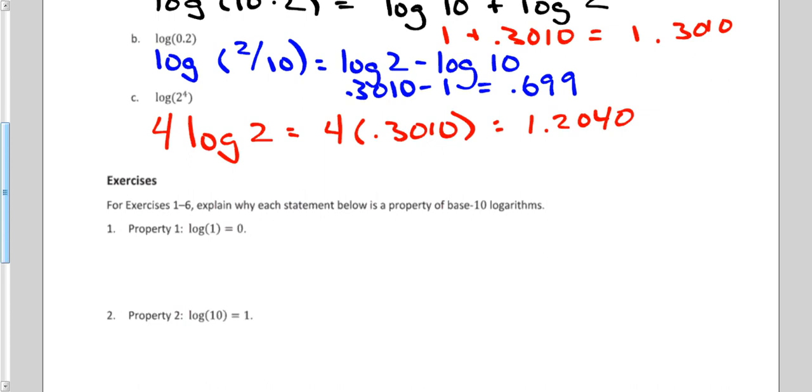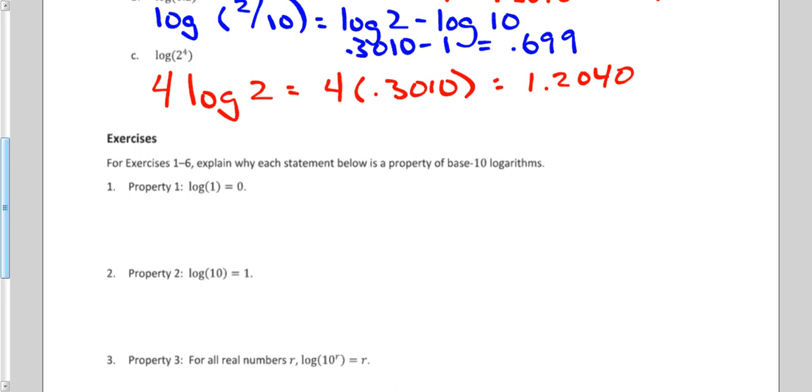All right, now, can somebody explain to me why log base 10 of 1 equals 0? Use the log rule to convert it into an exponential expression. What do I mean by that? Go ahead and give me an example, Zach.